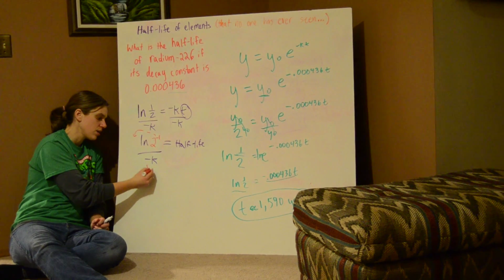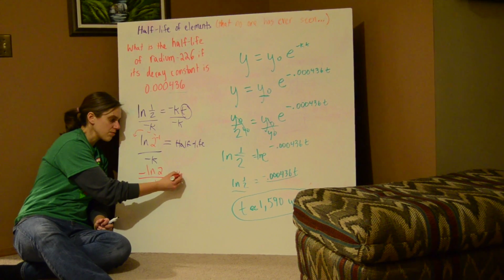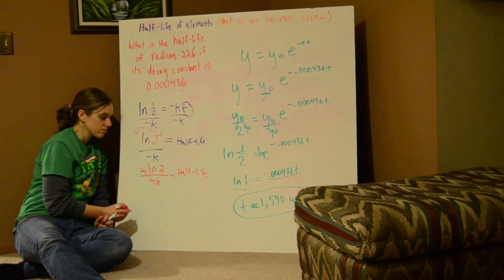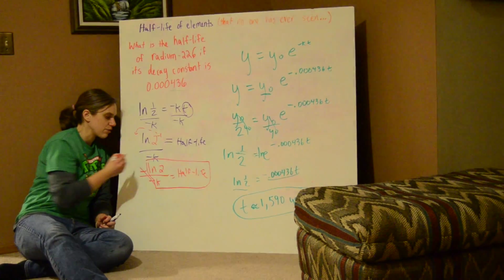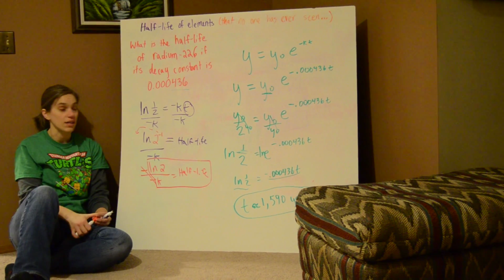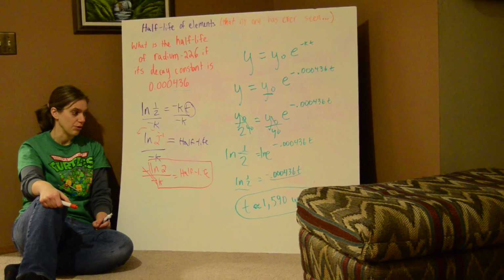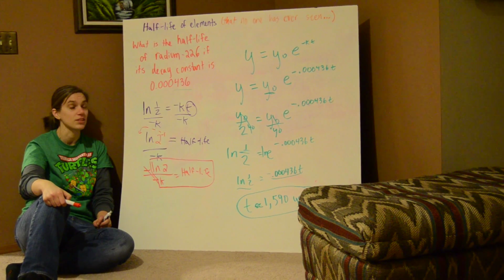So this will be negative natural log of 2 over negative k is equal to the half-life. And these negatives just cancel right out. So the half-life is going to be equal to the natural log of 2 over the decay constant every single time. That might be a useful thing to write in your notes before you try your homework problems on your own. And I'll let you at it. Good luck with your half-life of elements that no one has ever seen.